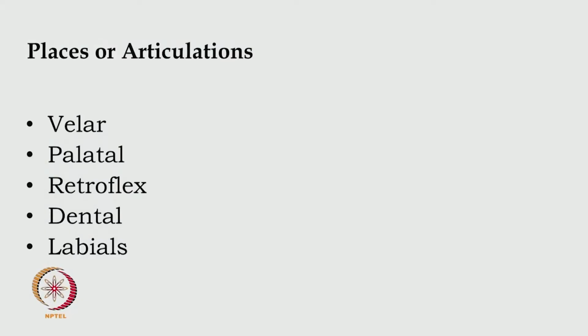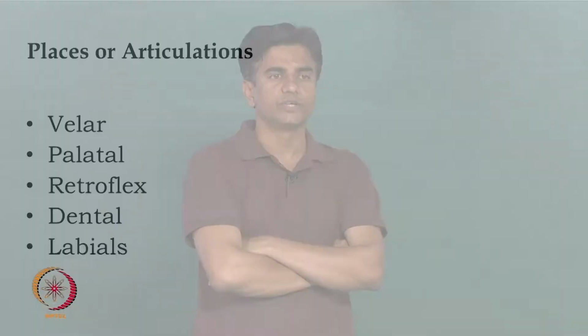Moving ahead, now we want to look at consonant sounds. In the set of sounds that we are going to look at, and that are very common in most of the languages that we speak, almost all the languages that we speak, these are 5 different places of articulations.